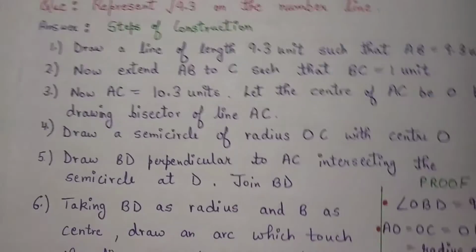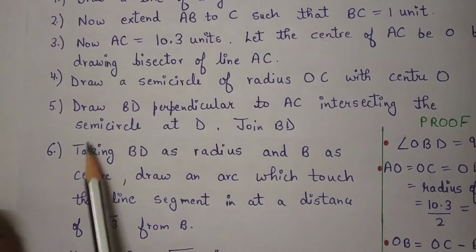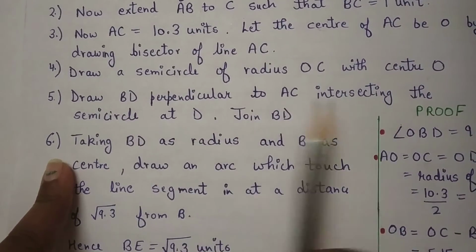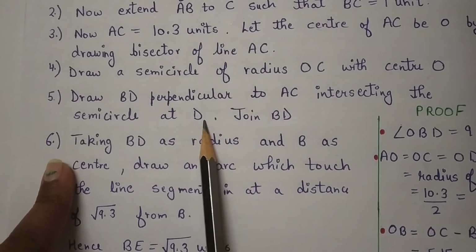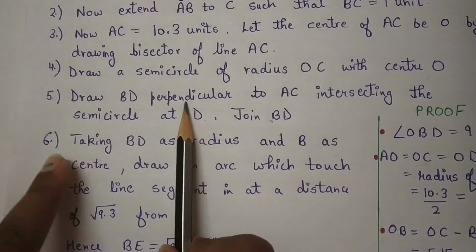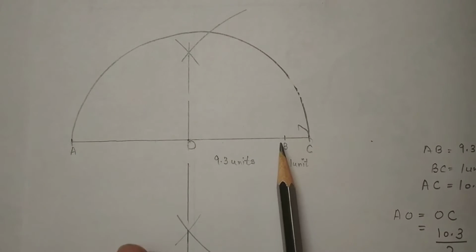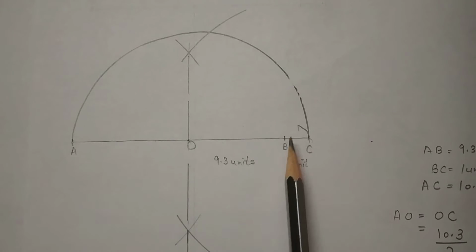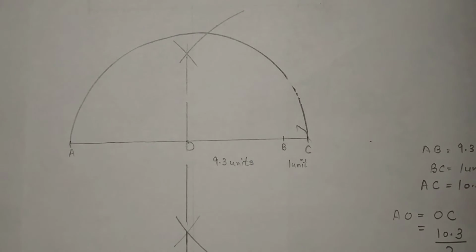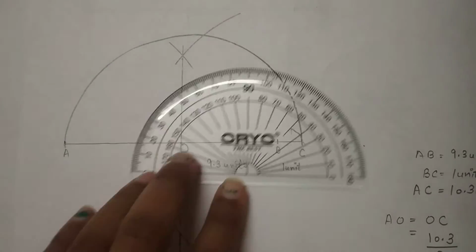Now next step is draw BD perpendicular to AC intersecting the semicircle at D. Join BD. BD perpendicular means at B I need to draw a perpendicular which will join this semicircle. This can be drawn with a protractor simply.